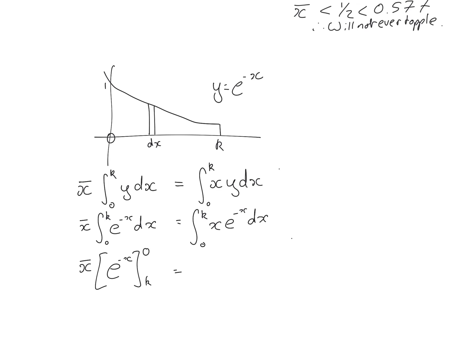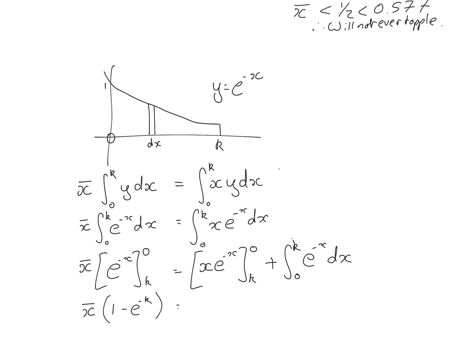Equals, by parts again, it's pretty dull, x e to the minus x with a minus, so let's switch these, minus, put the plus, the integral between 0 and k, x is 1, e to the minus x dx. x bar, 1 in first, minus e to the minus k equals, let's put this in, 0 goes, so we get minus k e to the minus k.